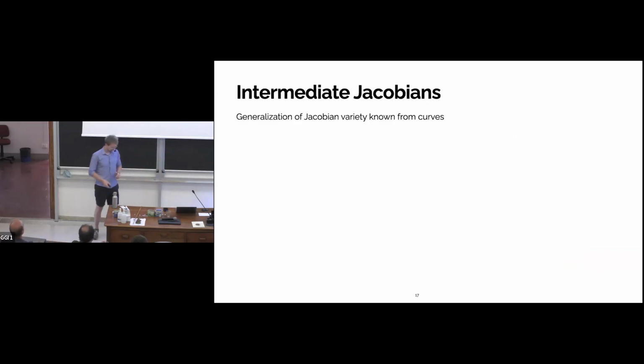And this is related to something that's called intermediate Jacobians. You can think of this as the natural generalization of the Jacobian variety in the curve case to high-dimensional varieties. Because things are not so trivial at this point anymore, and particularly you have choices, which can be nice and can also make your life hard.